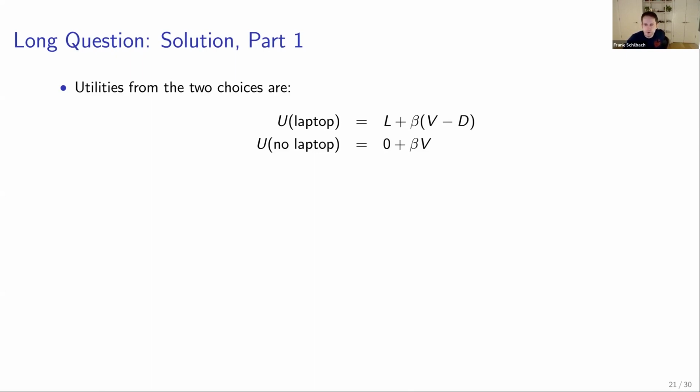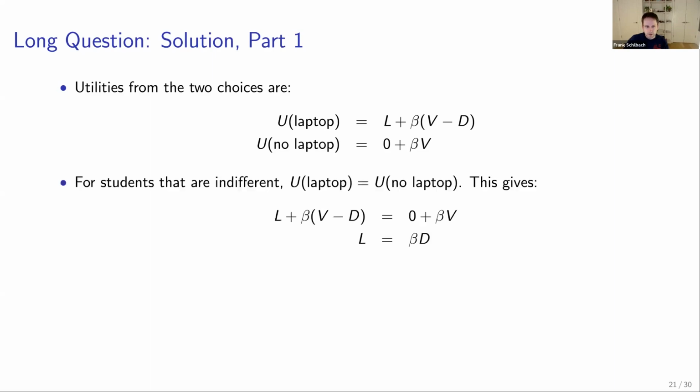Instead, if somebody uses no laptop, the students get 0, so there's no laptop benefit in the present, and the value of the lecture in the future is undiminished, which means it's just V, so the person gets 0 plus beta times V. Now, students who are indifferent, by definition, have the same utility of using a laptop and using no laptop, so we can equate those two things.